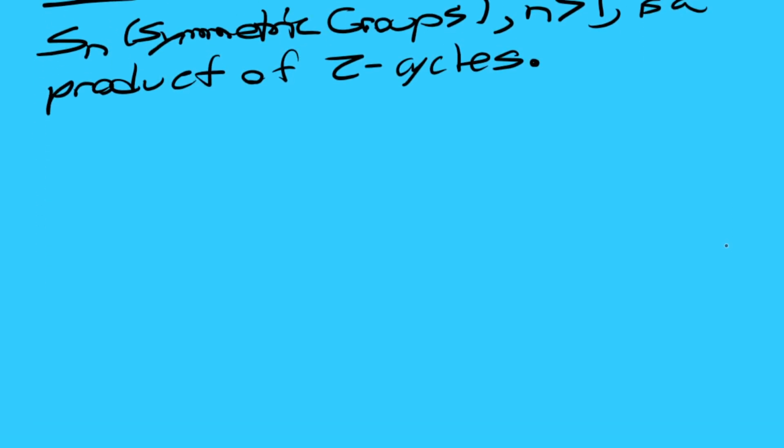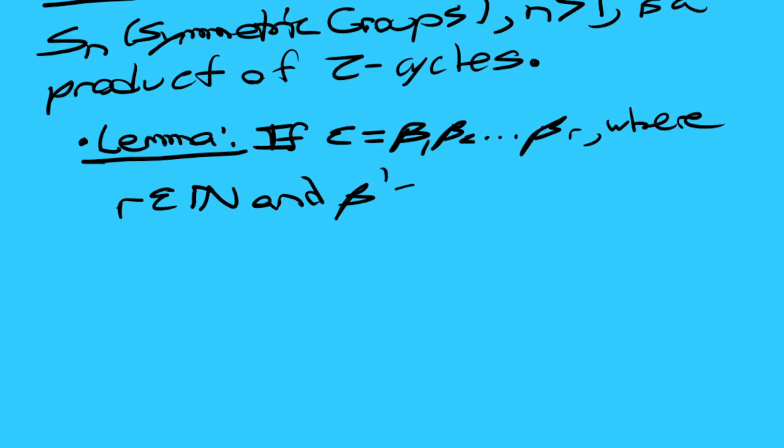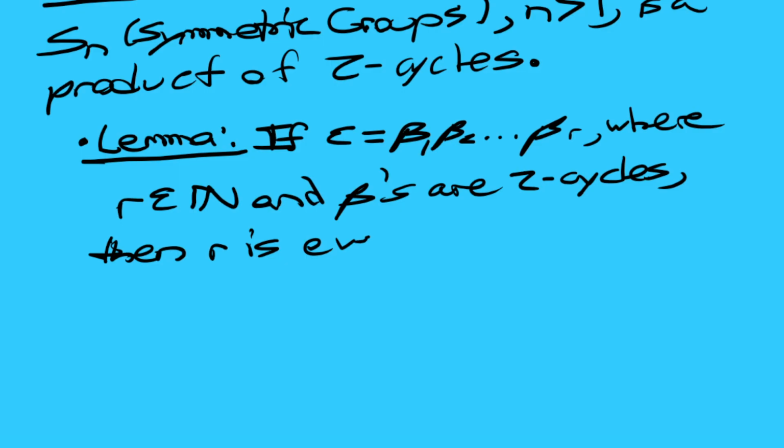And there's a lemma from this theorem too. And that is that if epsilon, or our identity, equals beta 1, beta 2, so on and so forth up to beta r, where r is a natural number and the betas are two cycles, then r is even.